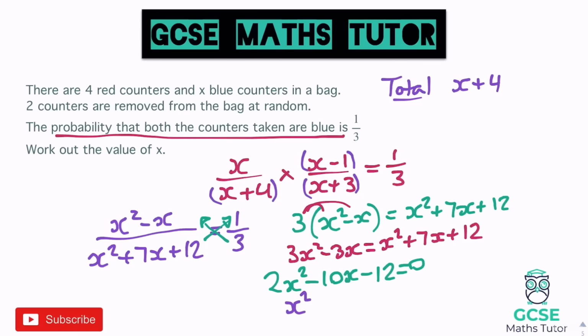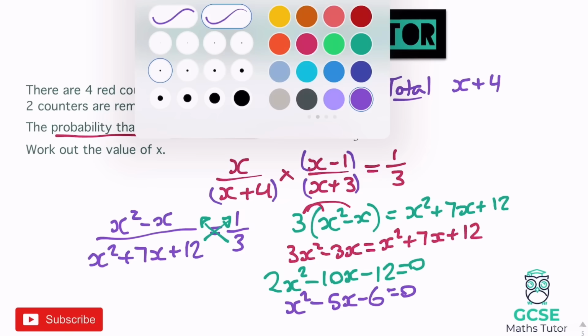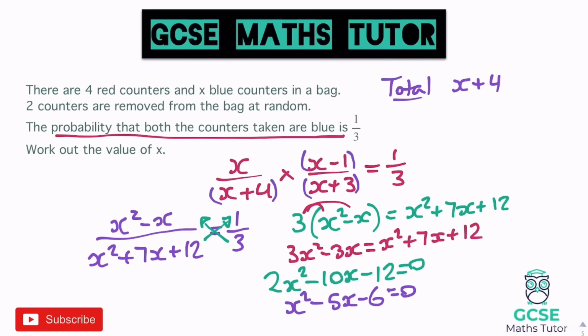So if we divide everything by 2, we get x squared minus 5x minus 6, which equals 0, and now it's quite nice and easy for us to factorise there. So I'm going to bring this up to the top, I'm going to factorise it out of the way up here. So factors of 6 are 1 and 6, or 2 and 3.